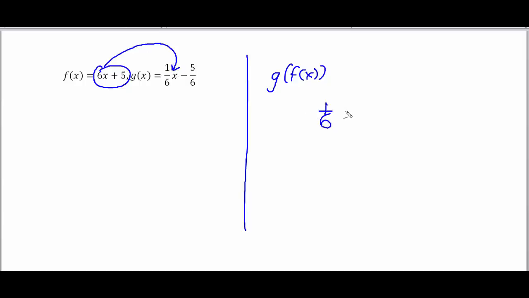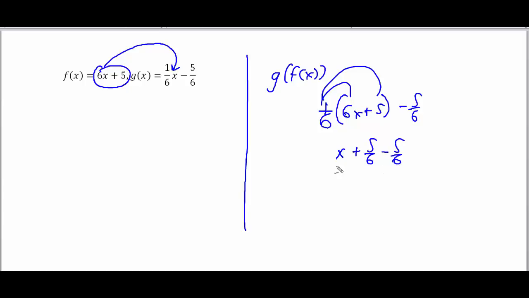So I've got 1/6 times 6x plus 5 minus 5/6. So I do my distribution here and here. 1/6 times 6 is just 1x. 1/6 times 5 is going to be 5/6. And then I got the minus 5/6. That simplifies to 0. So g of f of x is equal to x.